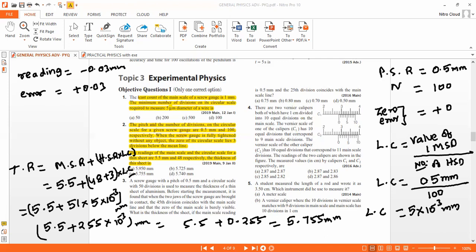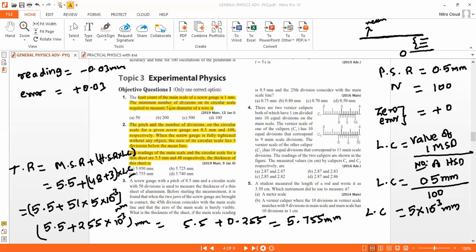Sir, here why 48 plus 3? This is the circular scale, what is the reason for writing 48 plus 3? See, here they gave that the zero of the circular scale, that is the head scale, lies 3 divisions below the main line. This horizontal pitch scale line can be called the main line. Now the circular scale zero lies like this, which means it is 3 divisions less. So the error will be plus now.